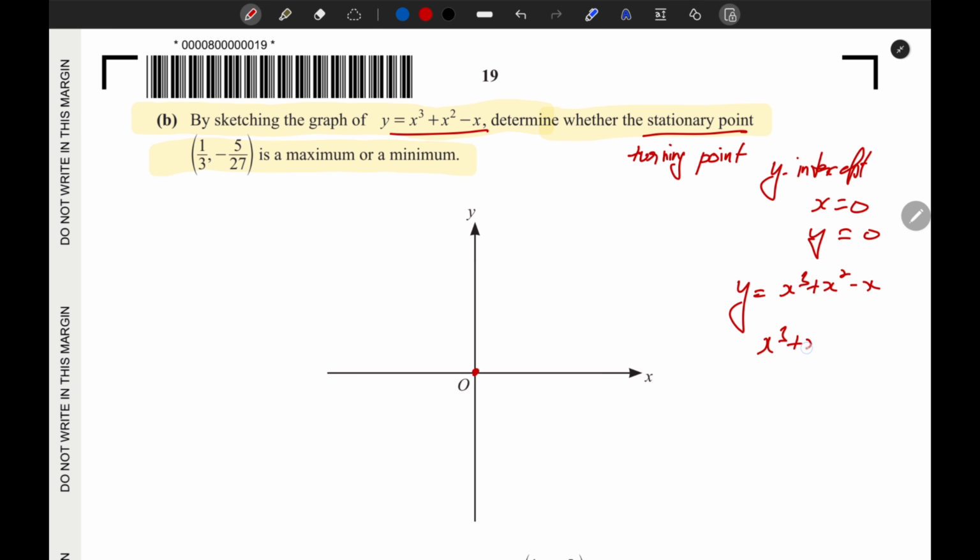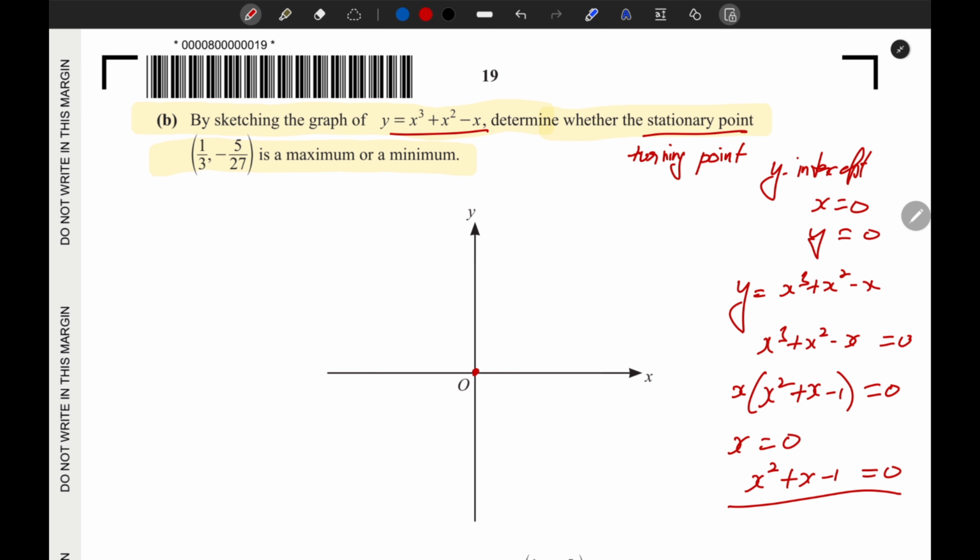We can take x common, so this will be x squared plus x minus 1 equals 0. So either x equals 0, which we already have, and then x squared plus x minus 1 equals 0. From this we are getting 2 points on the x-axis.